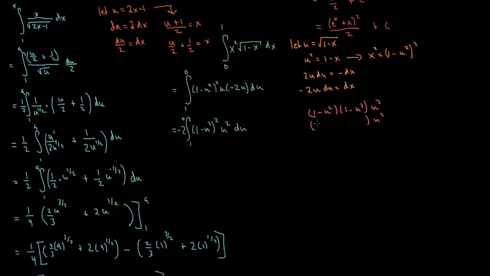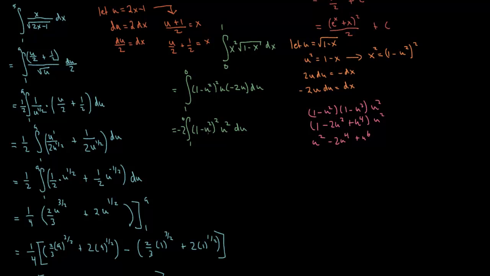So let's FOIL. So we have 1 times 1, okay, we have negative u squared, and then another negative u squared, so that's minus 2u squared. And then we have negative u squared times negative u squared, that's plus u to the 4th power. Okay, distribute, and that means we have a u squared, we have a minus 2u to the 4th power, and then we have a u to the 6th power.